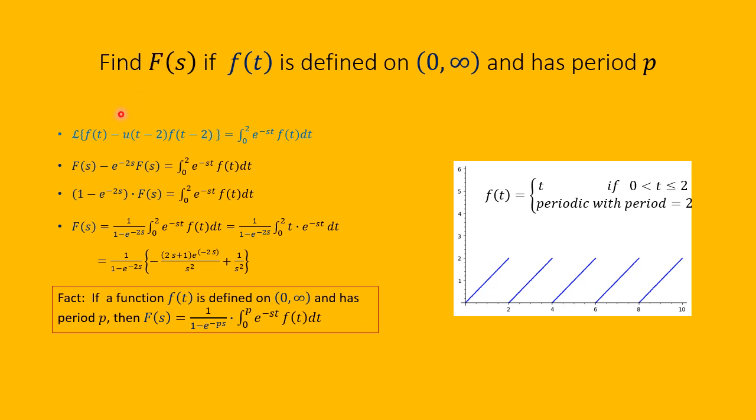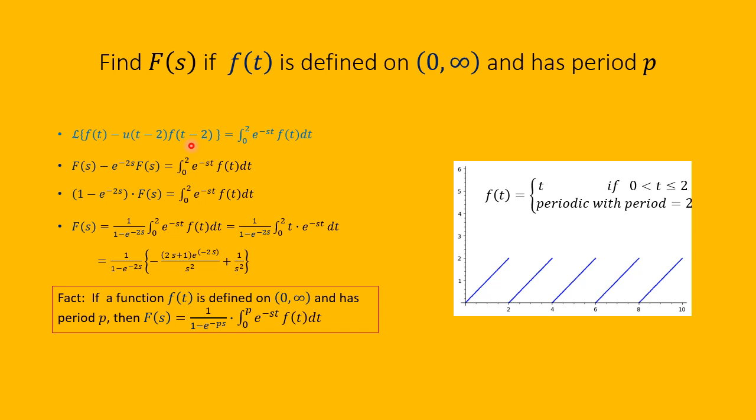Okay, well, on the last slide, we saw that the Laplace transform of f of t minus u of t minus 2, f of t minus 2, was just the integral from 0 to 2 of e to the minus st f of t dt. This held because f was periodic with period equal to 2. So, if we look at this left-hand side, the Laplace transform of f of t is capital F of s, minus the Laplace transform of u of t minus 2, f of t minus 2.